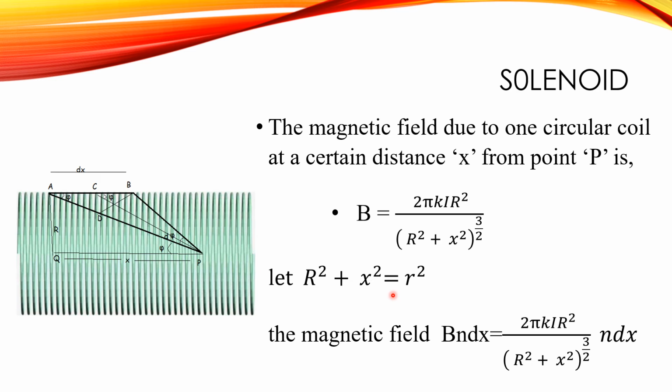The number of coils present in length dx is equal to n dx. So the magnetic field can be written as dB is equal to 2 pi Ki r square upon r square plus x square to the power 3 by 2, into n into dx.